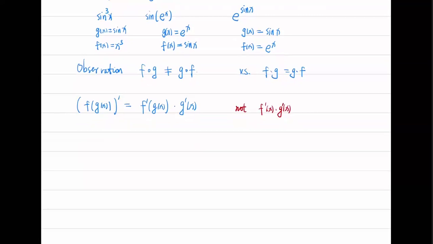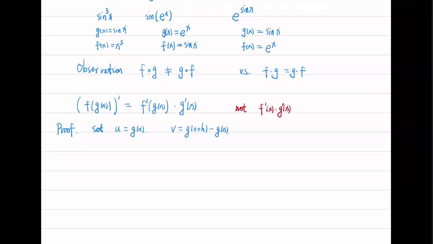Okay. Let's give a quick proof of this formula. To make the proof more transparent, we introduce an intermediate variable. So another increment.